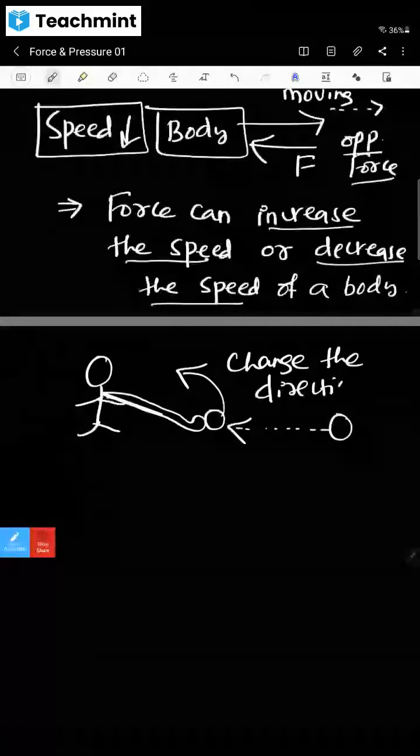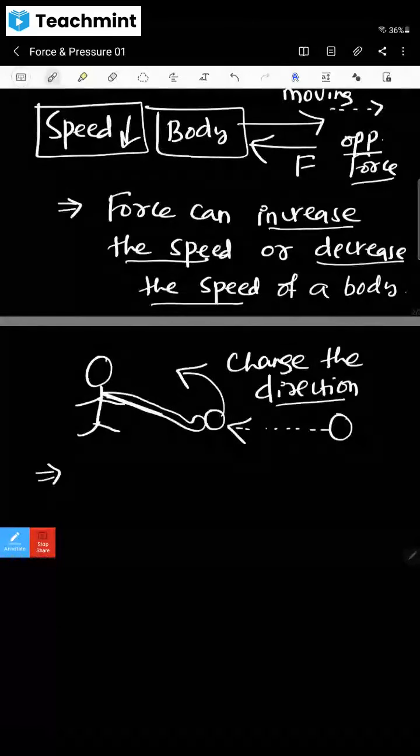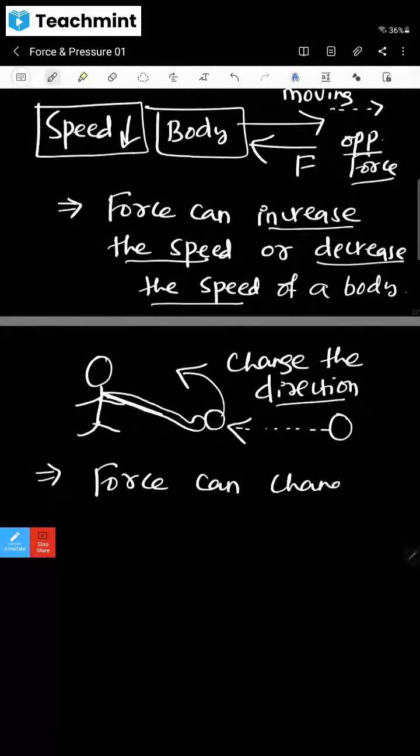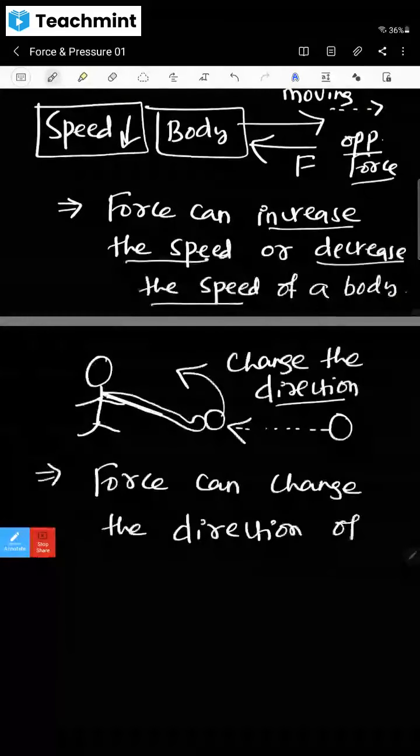Yes or no? This hockey player can change the direction. That means, can I say that force can change the direction of a body? Yes, sir. Force can change the direction of a body.